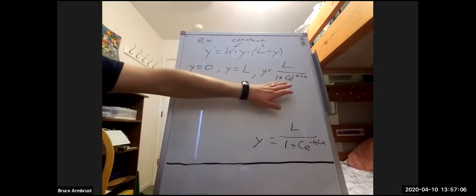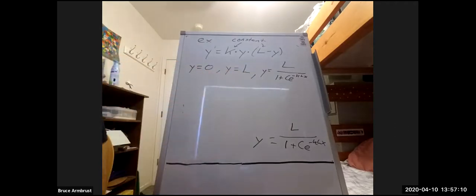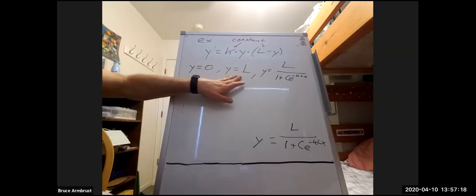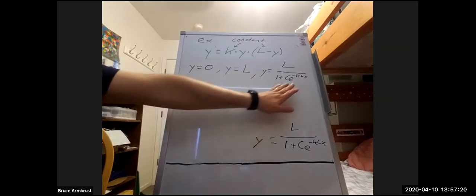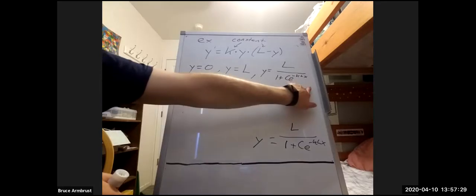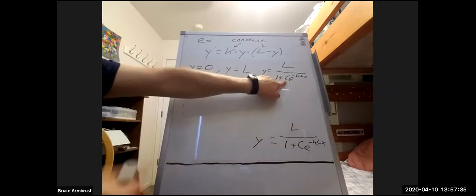Because if there are, then we don't need to write them separately, right? Because then they're a specific case. So let's look at L. If we want just y equals L, that means we need the bottom over here to equal 1. Well, if we want the bottom to equal 1, that means this exponential piece has to equal 0. And the only way we could make that happen is by letting c equal 0.